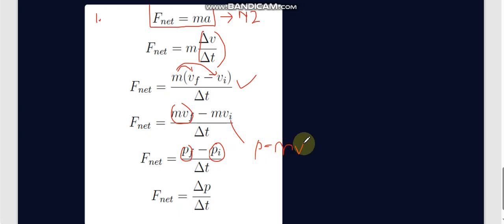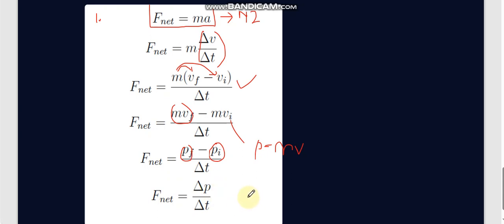Okay, and then we are going to be having pf minus pi, which is final momentum minus initial momentum, divided by the change in time. We now remember that pf minus pi is the same as the change in momentum, because we are just taking the final momentum and subtracting the initial one, and that is going to be the change in p divided by the change in time. So this here guys is the equation of impulse.